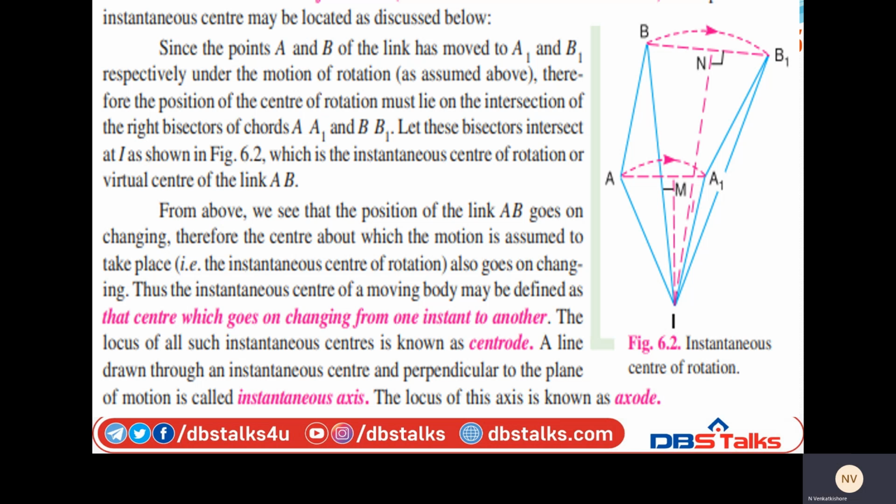From the above, if you see the position of AB in the diagram, which goes on changing, therefore the center about which the motion is assumed to take place, that is the instantaneous center, also goes on changing. Thus, the instantaneous center of a moving body may be defined as the center which goes on changing from one instant to another.